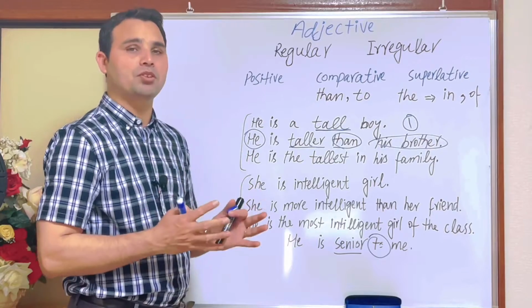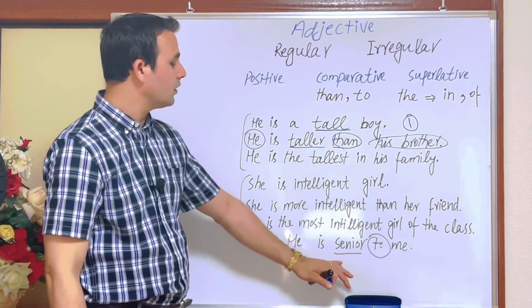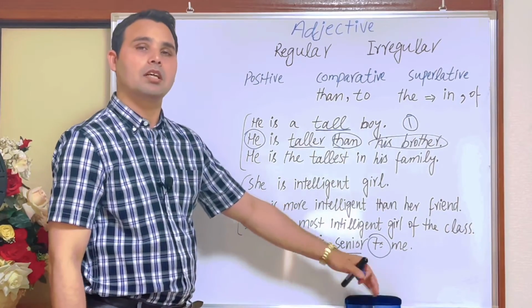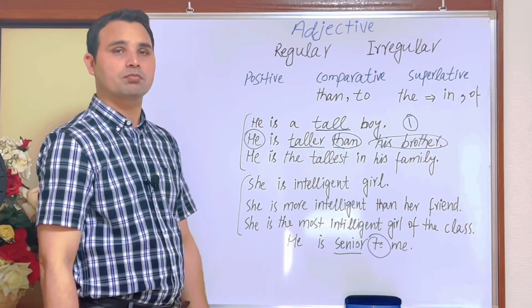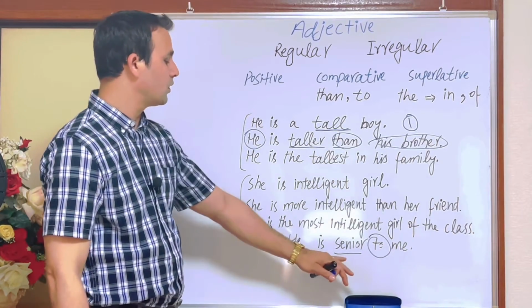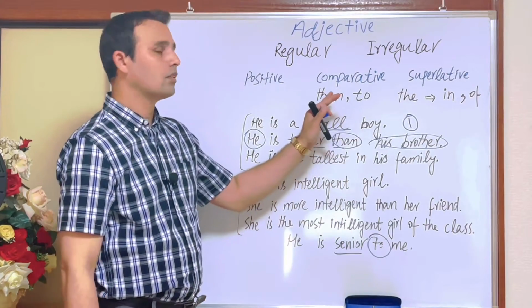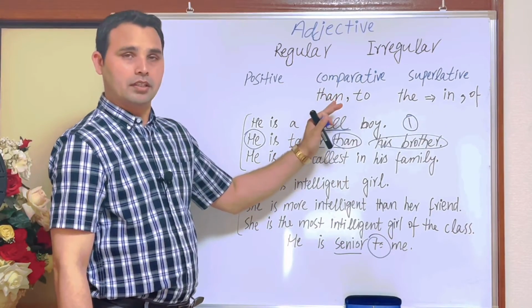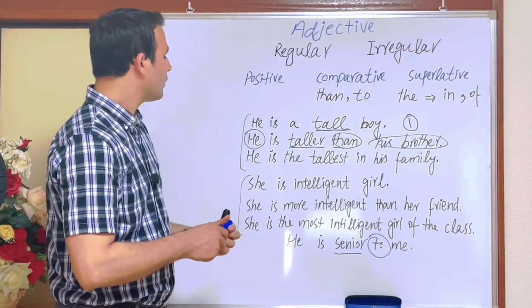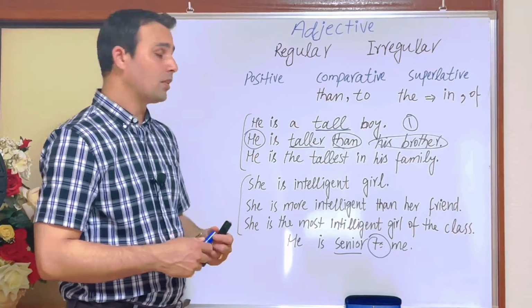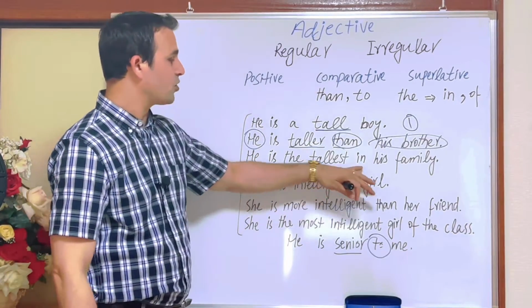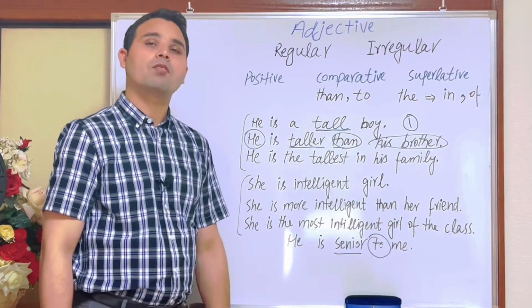Here you cannot use than, like he is senior than me. No. You have to use to rather than. Okay. The third example is, he is the tallest in his family.